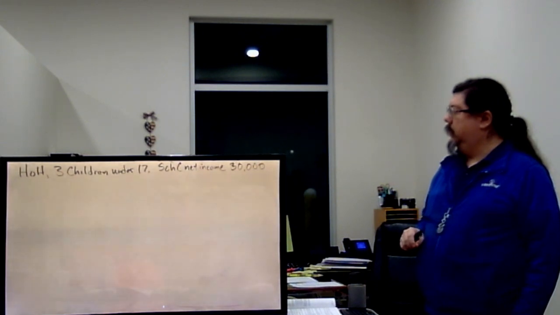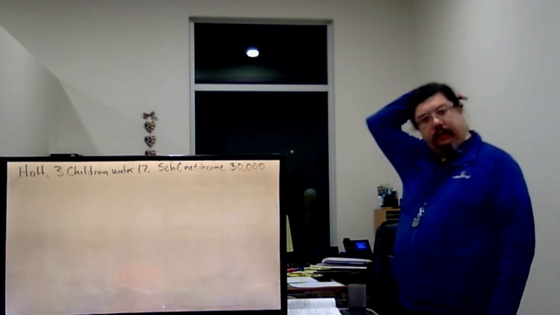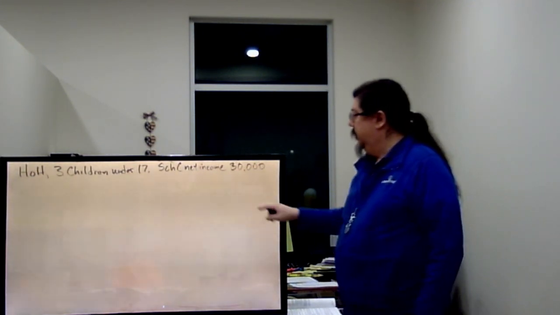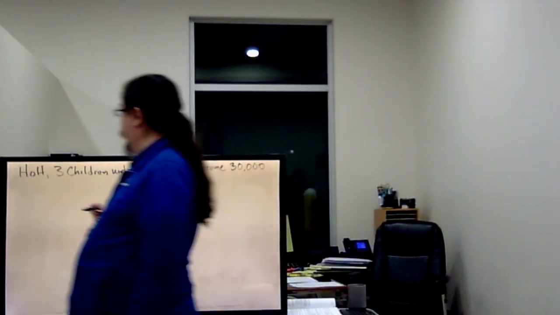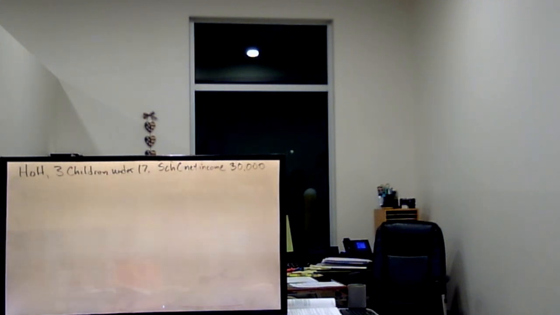Okay, so this person is also going to qualify for earned income credit, so this is actually going to be a pretty complicated return. Should we make the income more? No, let's leave it like that. So their only income is business income of $30,000, and that's their total income.